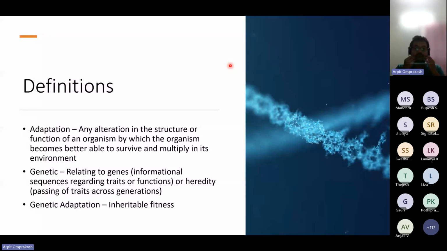Also for birds, the wing is an adaptation because it helps them fly and cover large distances and helps them survive and migrate to different places and multiply in the environment.